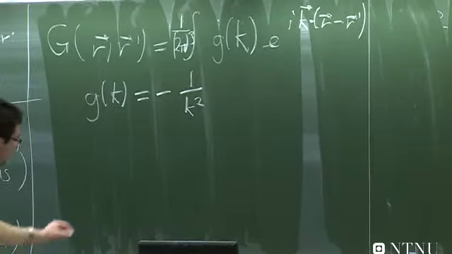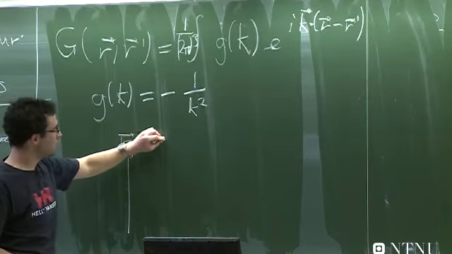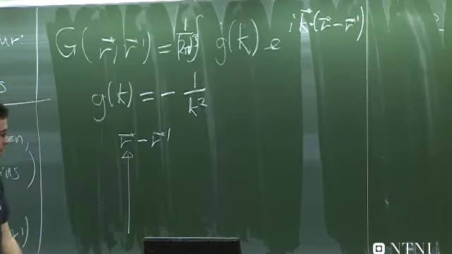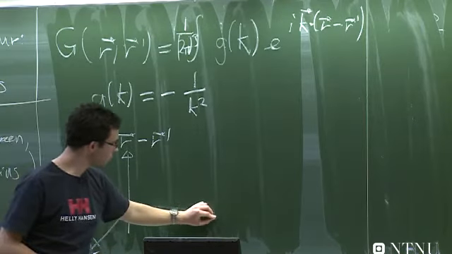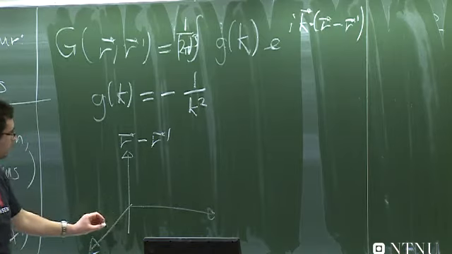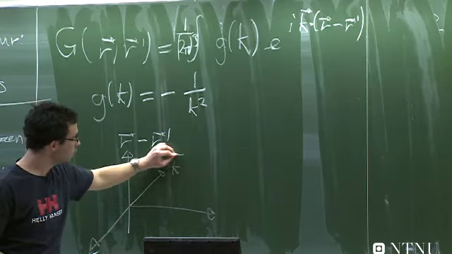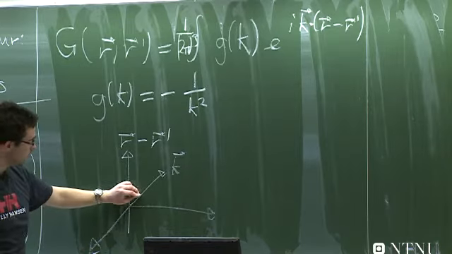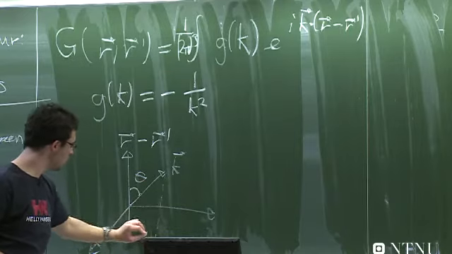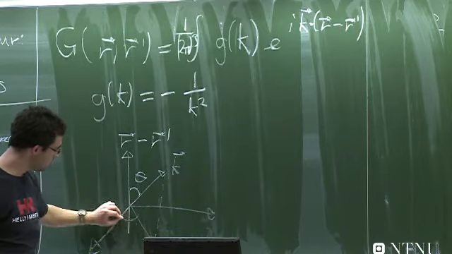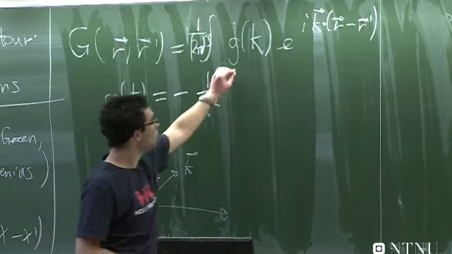So let's draw a figure. If I have the vector r minus r prime, let's say along the vertical axis in some coordinate system, then the k vector is pointing like this, and the angle between them is this polar angle theta. In principle, you could have some phi dependence, but you don't in the dot product.